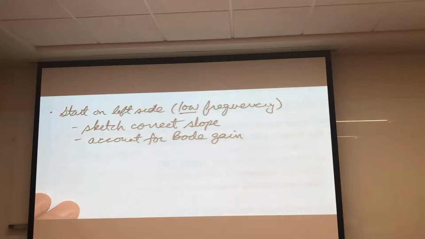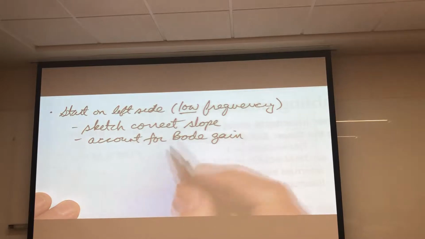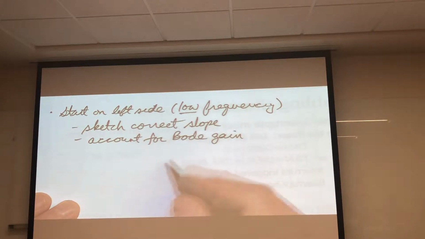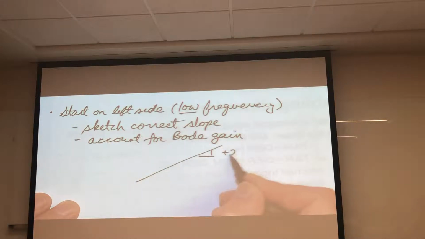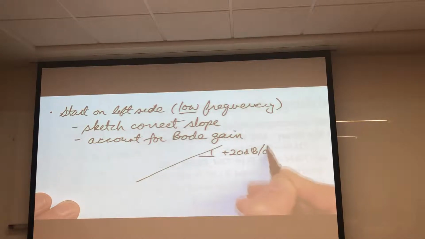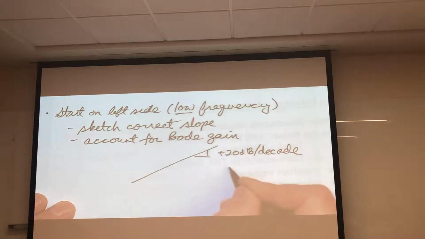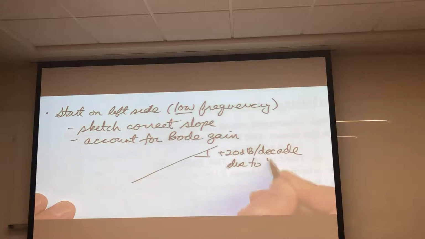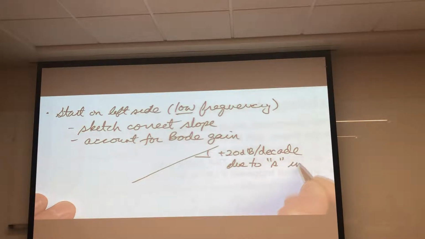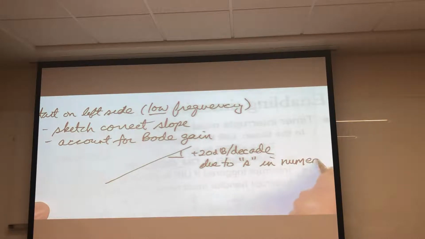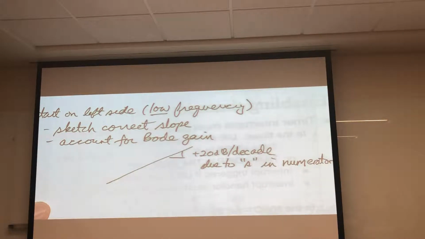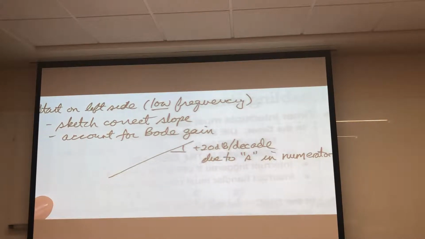So in this particular case, the initial slope is going to be plus 20 dB per decade. And the reason is because of this s in the numerator. Due to s in the numerator, we have to start off there.